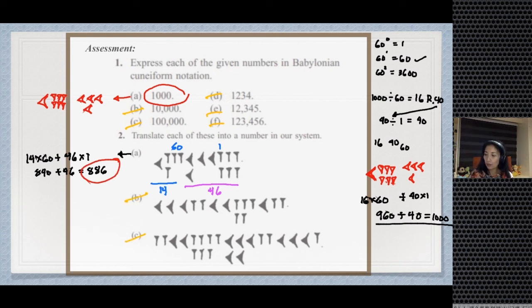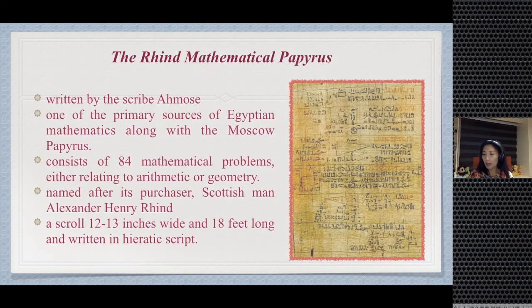Now we move on to the next. The Rhind Mathematical Papyrus was written by the scribe Ahmes, and it is one of the primary sources of data or evidence of Egyptian mathematics, along with the Moscow Papyrus.